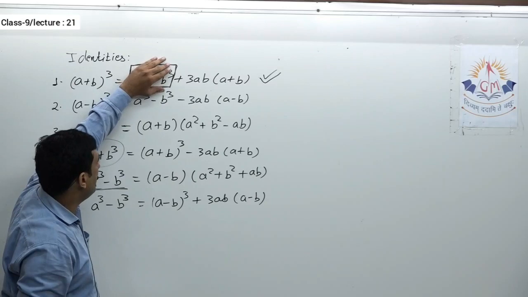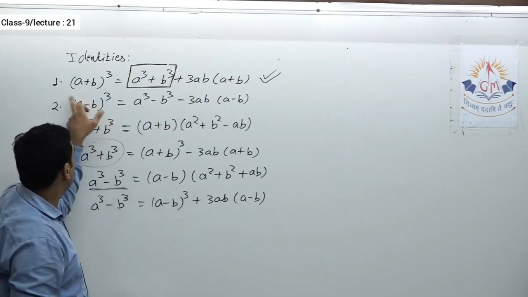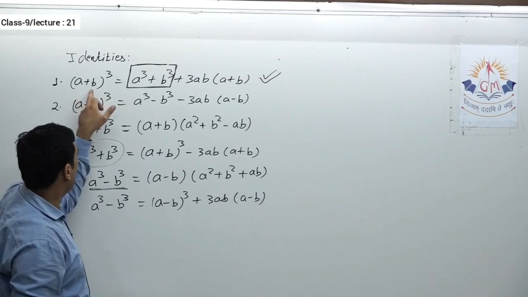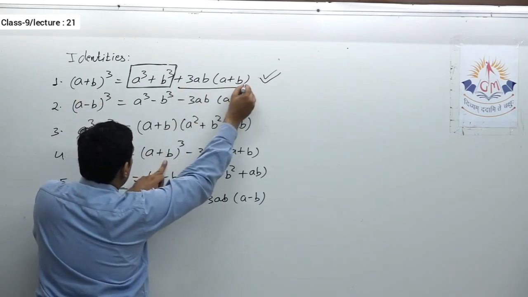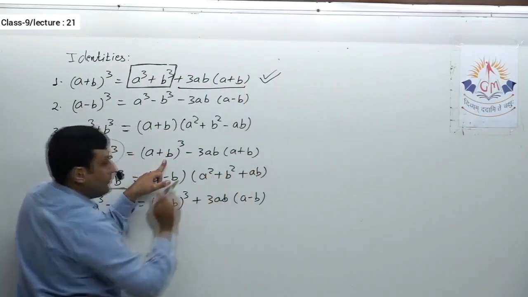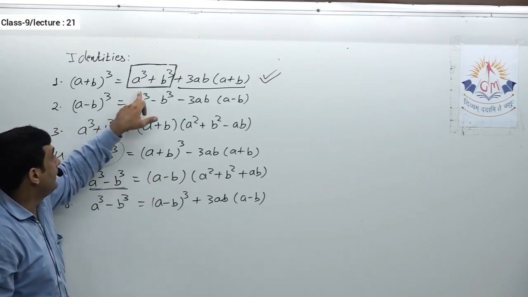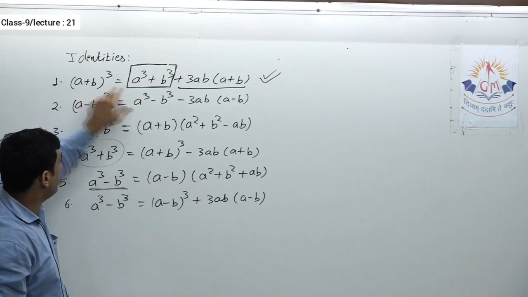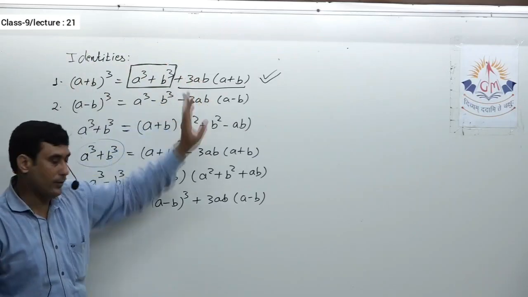I keep this as it is and take this on the other side. So here I already have a plus b whole cube, and when I take this positive 3ab into a plus b over here, this will become minus 3ab a plus b. Is it clear? So a cube plus b cube is equal to a plus b whole cube minus 3ab a plus b. I got it from here only.